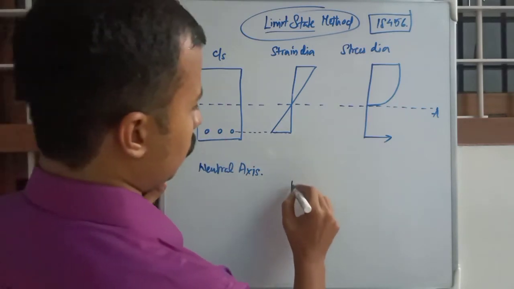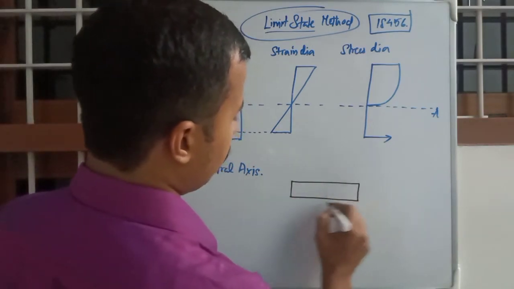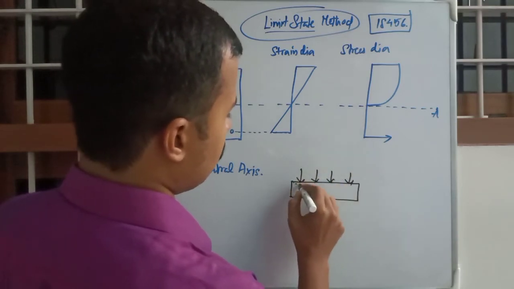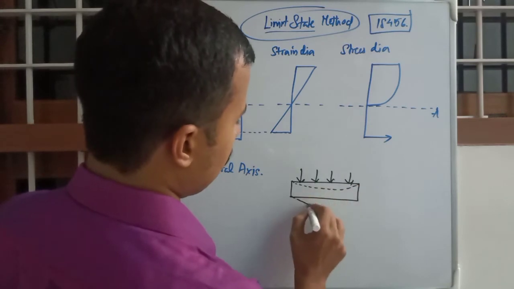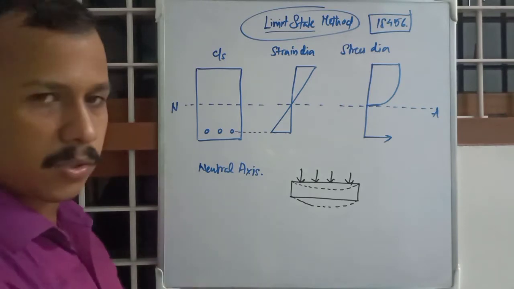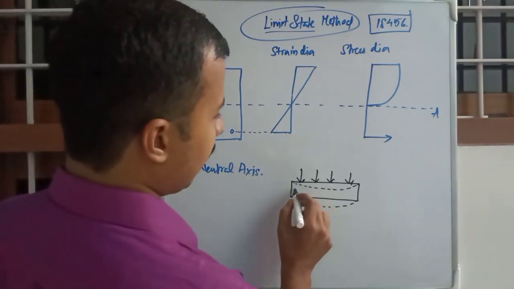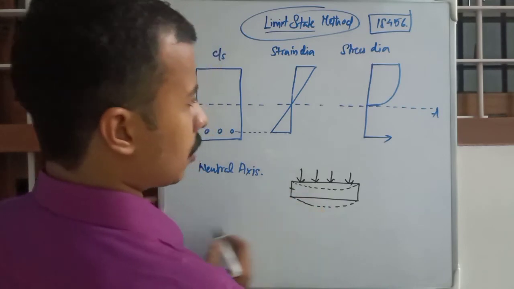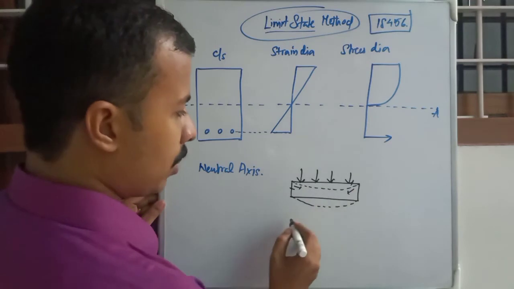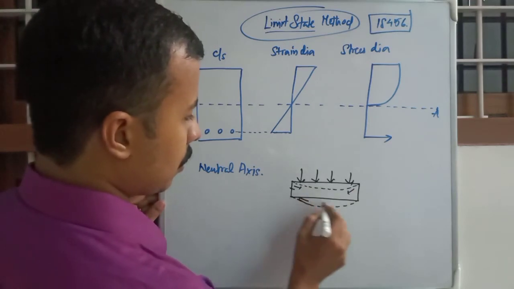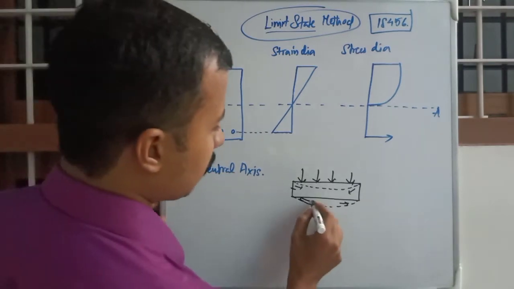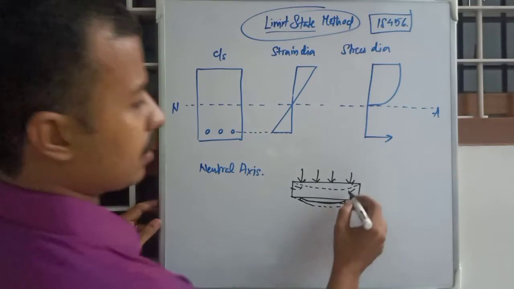As you know, if this is the beam and load is acting like this, the beam is supposed to deflect like this. So the top portion will experience what? Compression, and the bottom portion will experience tension.